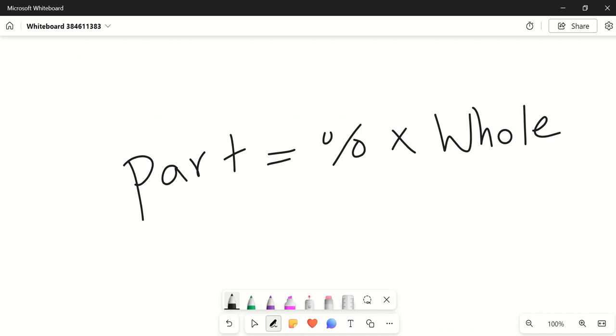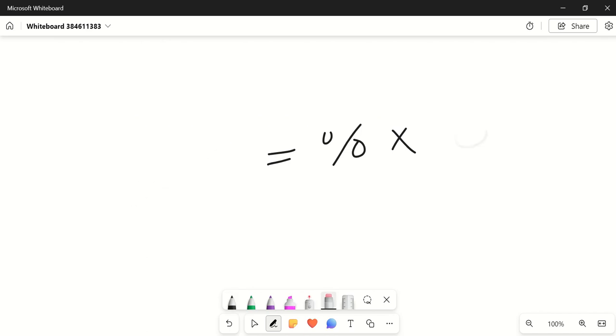So in this case, if we knew 4 and 5, our part would be 4, our whole would be 5, and we'd use n or x or whatever for our missing percentage.